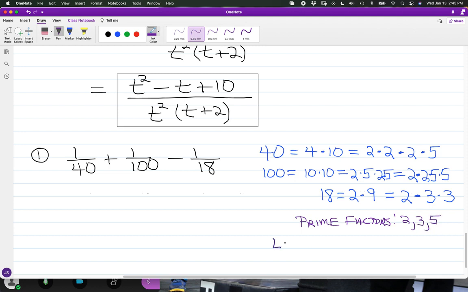And for the least common denominator, we have with the factors of 2: 2 appears once from 18. It appears twice from 100. But the most frequent occurrence of 2 in the prime factorization will be where it appears 3 times from 40.